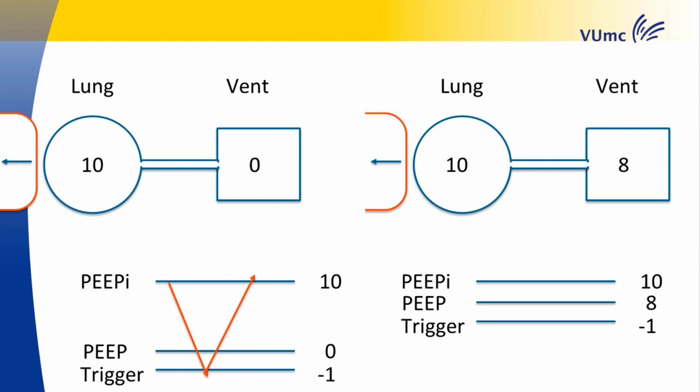So that's the reason why we want to apply extrinsic PEEP in assisted ventilation. And of course, we have to be careful that it doesn't increase hyperinflation. But if you don't add PEEP, it's probably very difficult for the patient to trigger the ventilator.